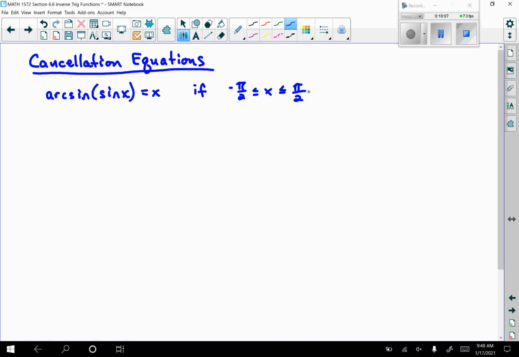And then vice versa, if we took the sine of arc sine x, that's also going to equal x, if x is between -1 and 1. So it all depends on what's inside the parentheses, because for arc sine we have to stay between negative pi over 2 and pi over 2. But here, to take the sine of something, we have to stay between -1 and 1.